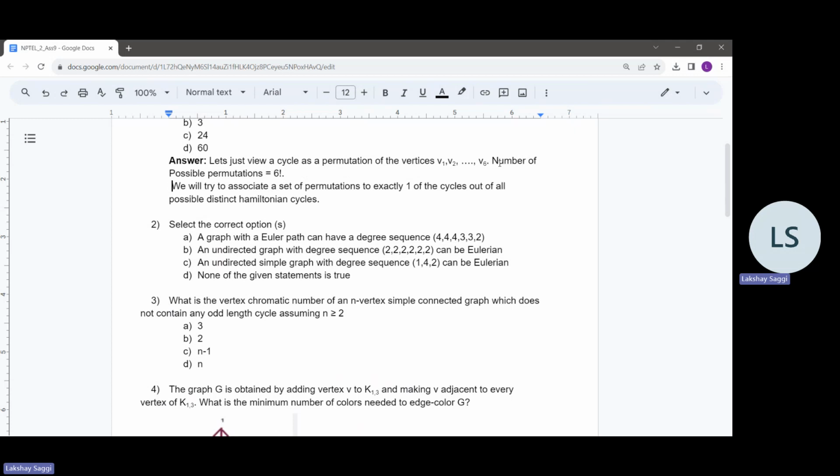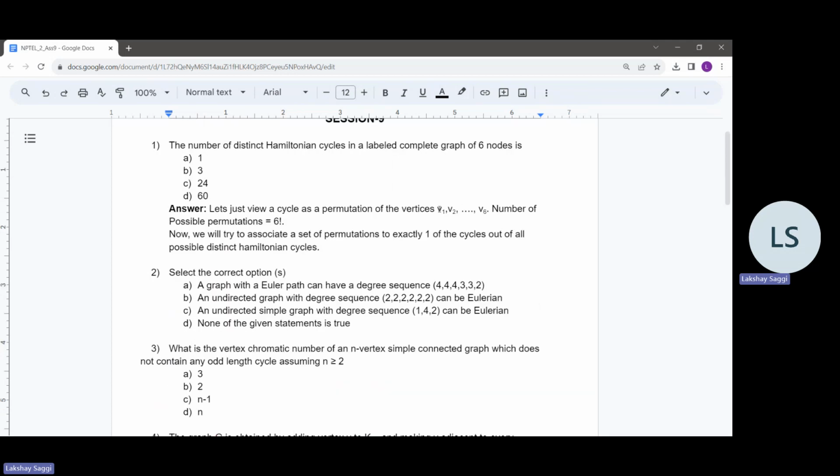Now, in our solution, we will try to associate a set of permutations to one of the distinct Hamiltonian cycles. We'll associate another set of permutations to another cycle, and so on. Let's consider this permutation of V1 to V6.